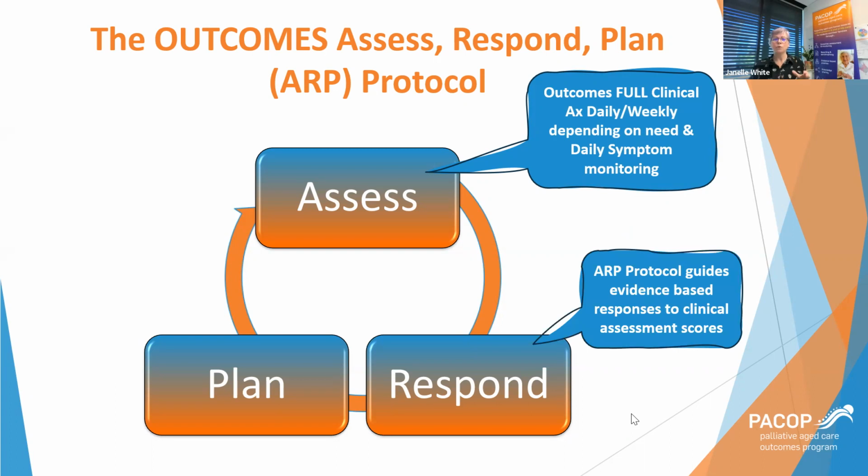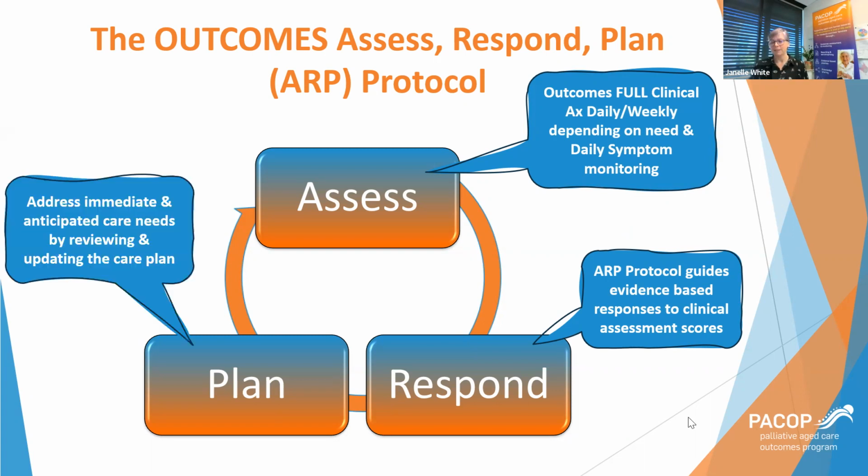We respond using this protocol. So the protocol is actually a guide. For every score you come up with in an assessment, it has a guide for the appropriate response for every score. We don't have time to go through that all today, but certainly services are facilitated through that with a lot of quality resources.